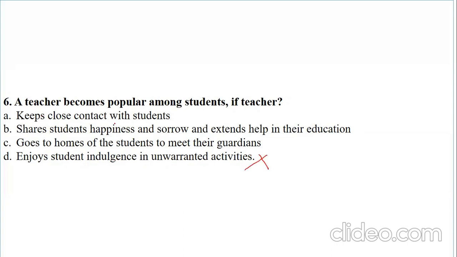Keeps close contact with the student, no, there is a limit in the teacher and student relationship. Goes to the homes of the students to meet their guardians, no, this is not formally allowed. So the option left is sharing student happiness and sorrow and extending help in education. That is, to be with them in good times or bad, and to give them the type of education which they want.